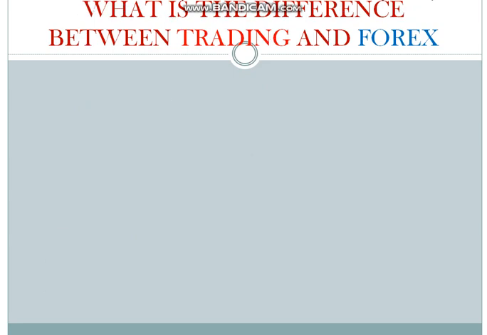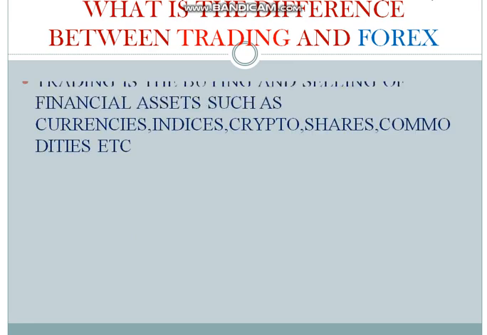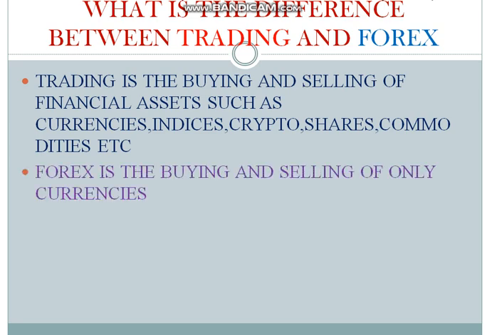What is the difference between trading and Forex? Trading is the buying and selling of financial assets such as currencies, indices, crypto, shares, commodities, etc. Forex is the buying and selling of only currencies.